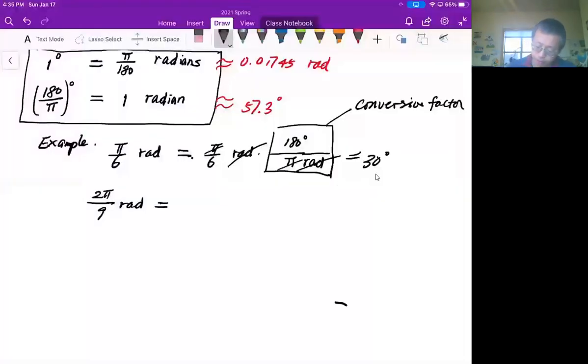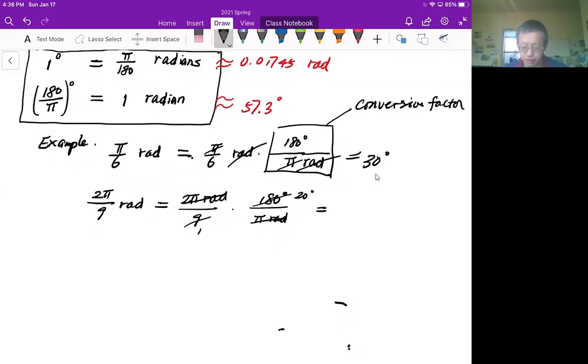Great, very good. So for the second one, I get 2 pi radians over 9, and that's equal to, with pi radians in the bottom and 180 degrees on top, the pi radians cancel, and then 180 divided by 9 is 20 degrees. Times 2, that's equal to 40 degrees.